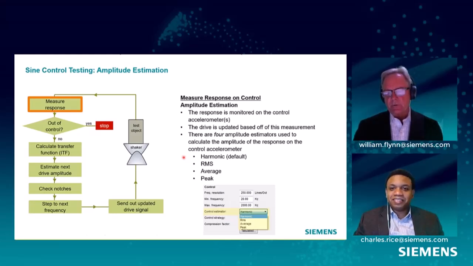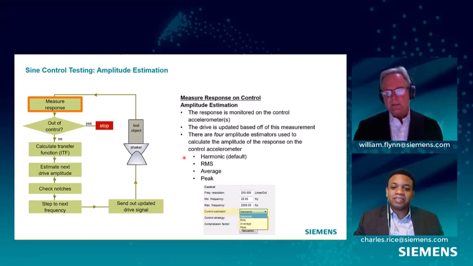However, if you have a lot of, let's say, noise or harmonic distortion on the response, and you want to take that into account in how you control, because that all adds up to the response, and it's the real response. So that's the level of excitation your structure is being exposed to.